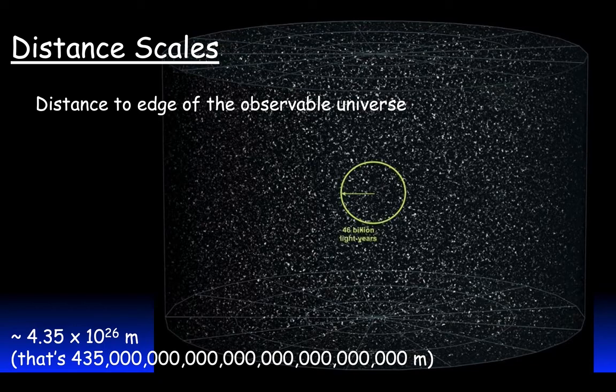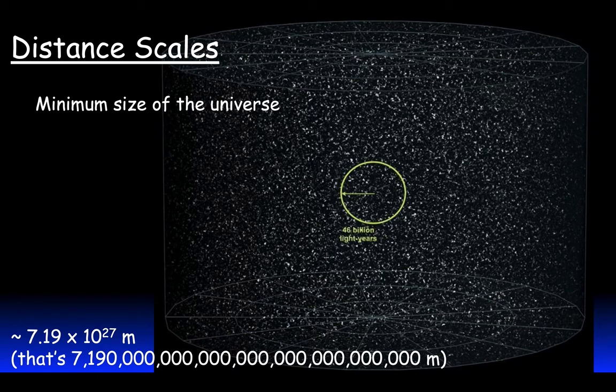That is a consequence of the surface of the Earth curving around on itself. It is possible that the universe does something similar. Now, we do not know if the universe does that versus if the universe is infinitely large, but we can put a lower limit on the size of the universe if it is not infinitely large. And the lower limit on the size of the universe is about 10 to the 27 meters across.